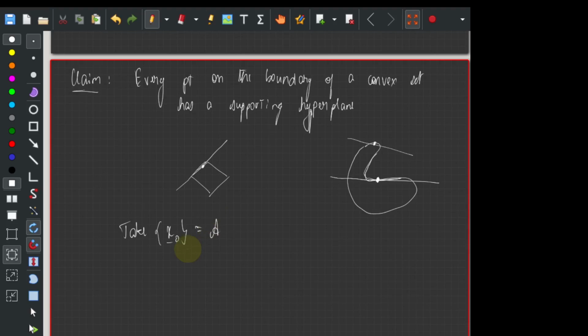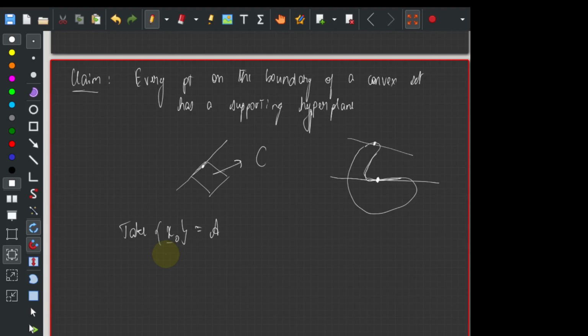Basically what I'm trying to do is, I am given a set, let me call this C, that's my convex set. I want to construct a supporting hyperplane. I want to show that there is a supporting hyperplane at any point on the boundary x naught. So I want to split C into two parts and then construct a separating hyperplane.